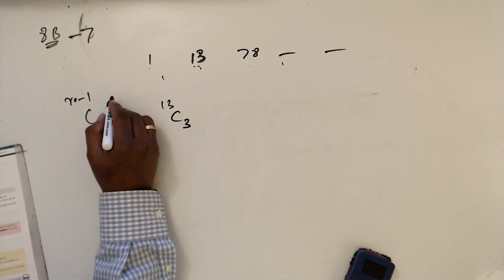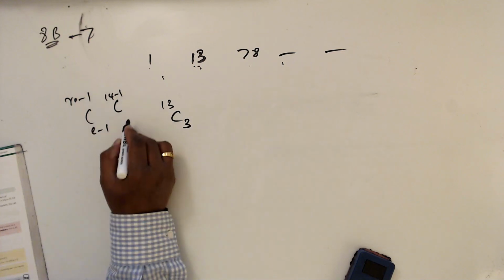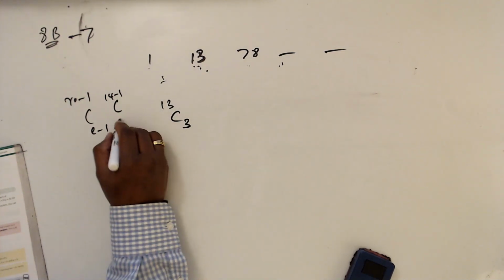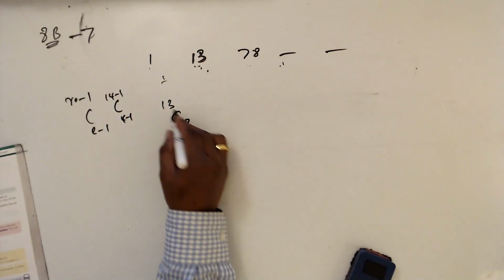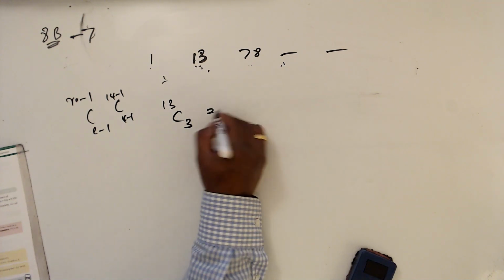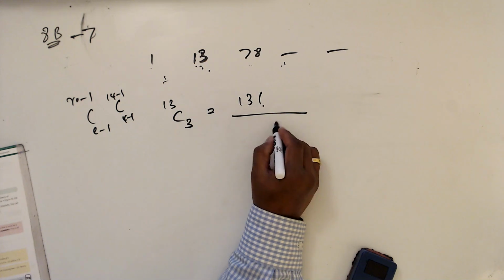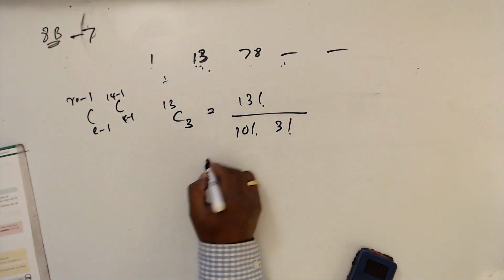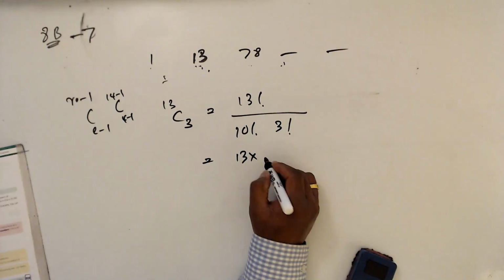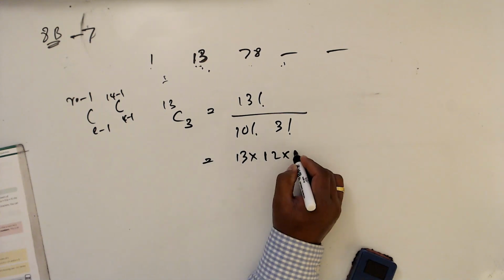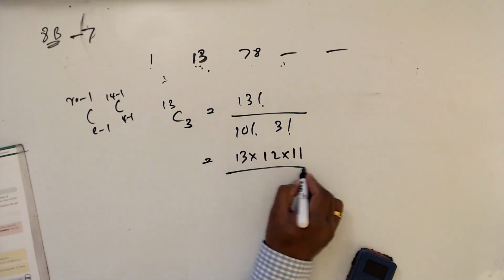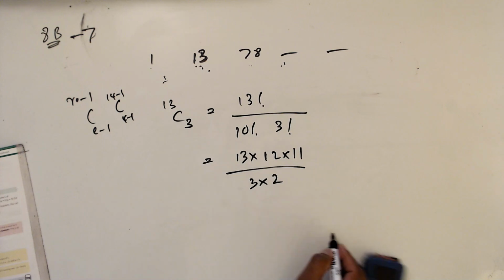Row is 14 minus 1, entry is 4 minus 1. So 13C3 is factorial 13 over factorial 3 and factorial 10. This is 13 times 12 times 11 over 3 times 2.